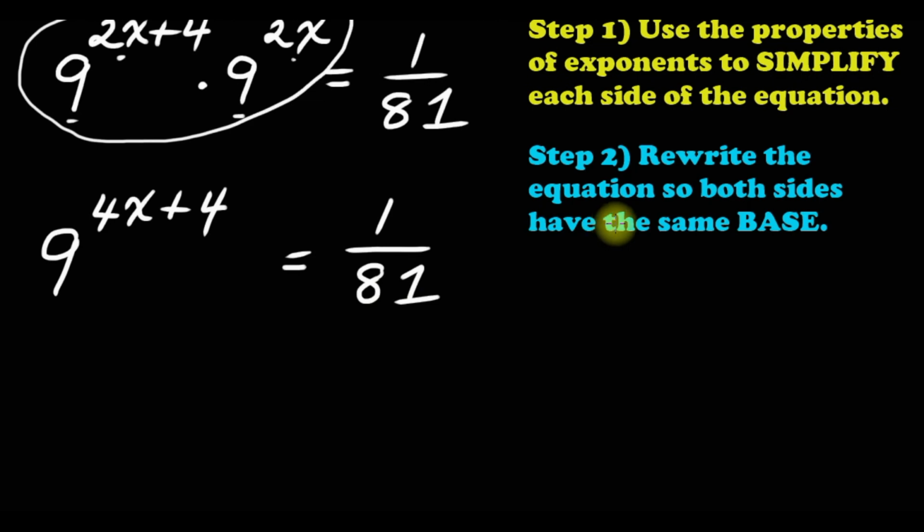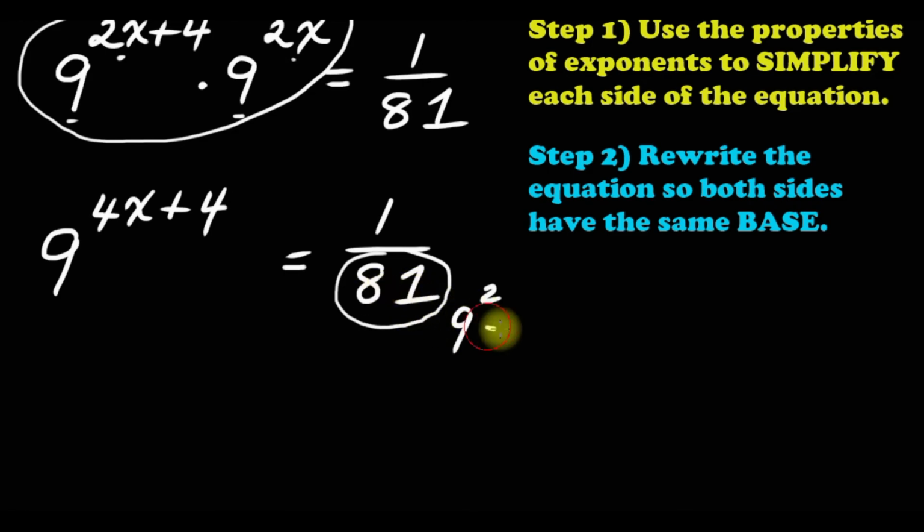Step 2 is to rewrite the equation so both sides have the same base. So I'm going to rewrite with base 9. So here 81 is 9 squared. Okay, so as you can see, you have base 9. So the denominator is base 9.